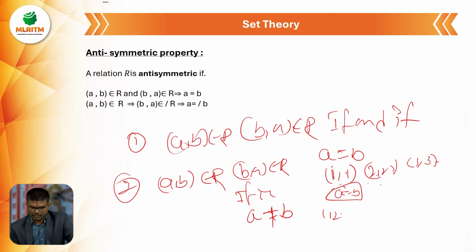For example, relation R equals {(1, 2), (2, 3), (3, 1)}. This is one example.